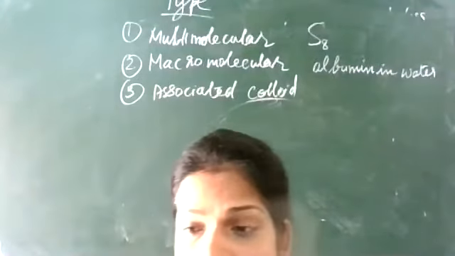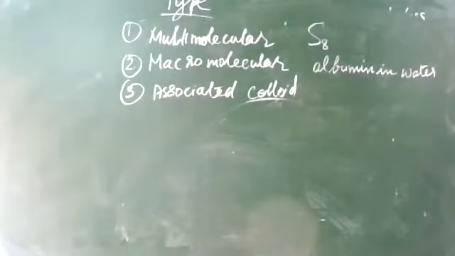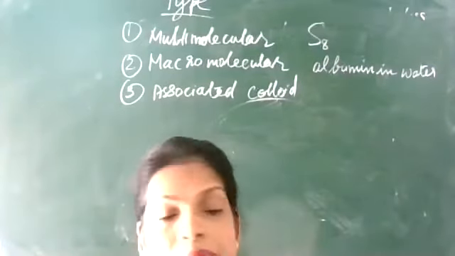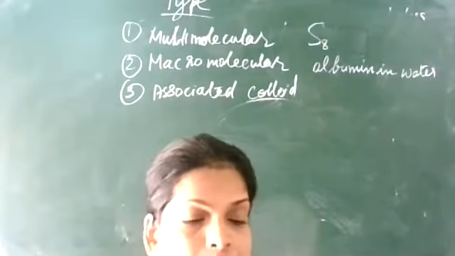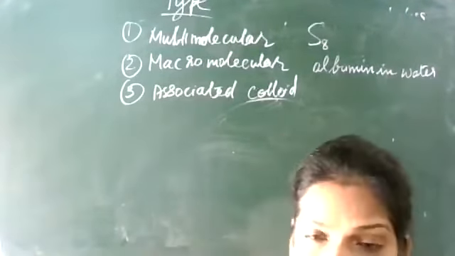Next, preparation of lyophobic colloids. Lyophilic colloids, you know, can be easily prepared by mixing the dispersed phase and dispersion medium. But lyophobic colloids, it is not easy to prepare.